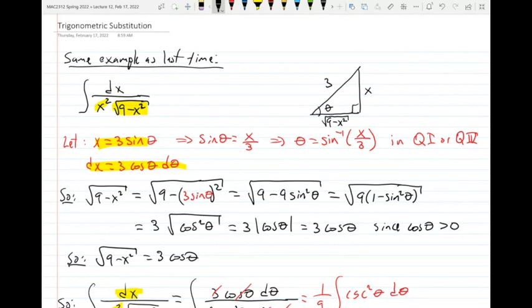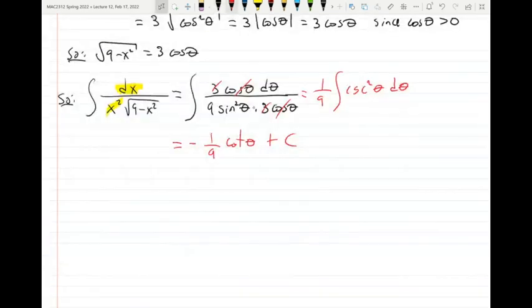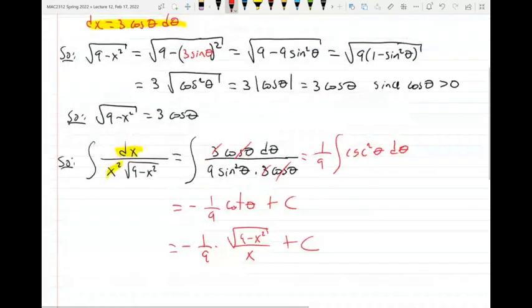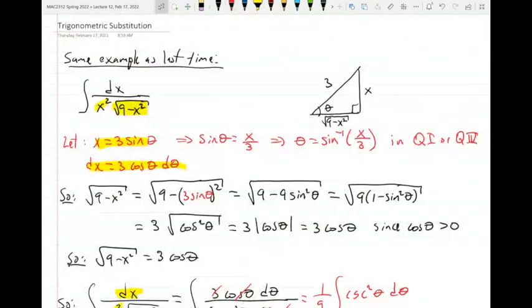Do you understand this? And we are after cotangent, so now you look at the triangle and write down what cotangent is. What's cotangent? Tangent is opposite over adjacent, so cotangent is adjacent over opposite. So this would be negative 1 over 9 times square root of 9 minus x squared over x. Okay? Cotangent is adjacent over opposite.